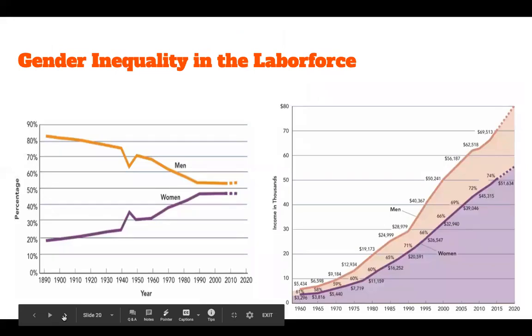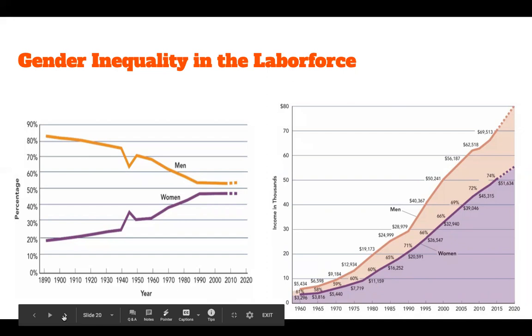Now, all of those women getting college degrees has contributed also to narrowing of the gender gap in the labor force. As you can see, in the 1890s, most people in the labor force were men. And we see that narrowing over time, with a spike during the World War II years where it briefly got closer.